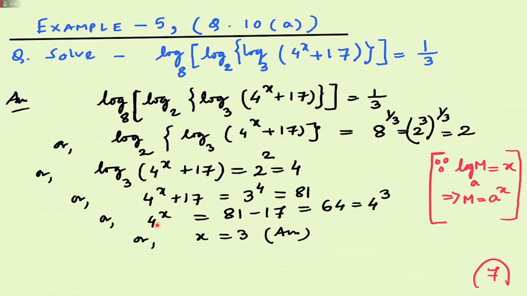So you will have here 4 to the power x equal to 81 minus 17, that is 64, and 64 is nothing but 4 cube. So 4 to the power x is nothing but 4 cube, and by the laws of indices, you will have x is equal to 3. So the answer is x equal to 3.